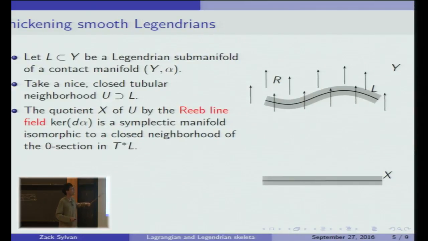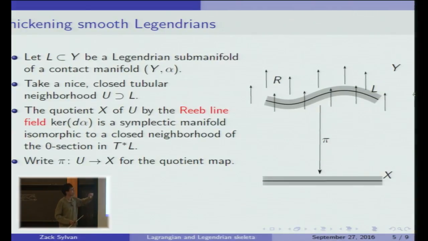So we take this tubular neighborhood, we quotient by this line field, and we get a symplectic manifold, which one can check is isomorphic to a closed neighborhood of the zero section inside the cotangent bundle T star of the Legendrian we started with. And so one thing we can ask is, can we lift back up? And this is going to be my thickening.